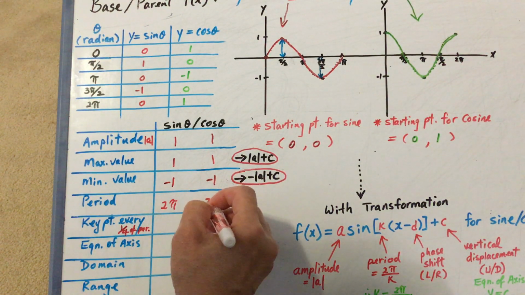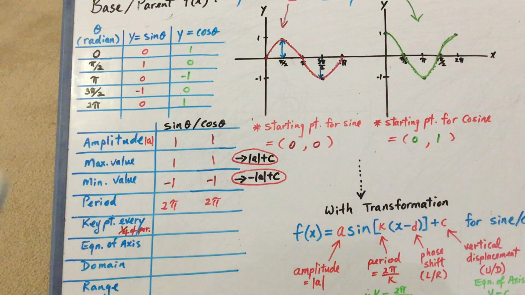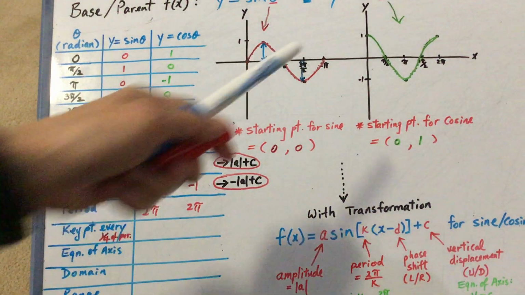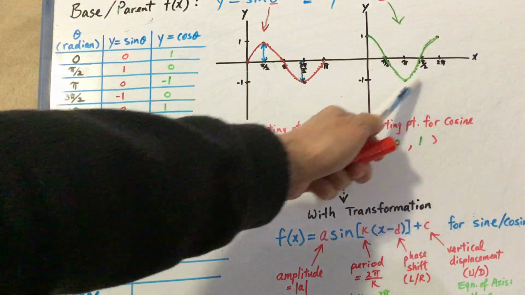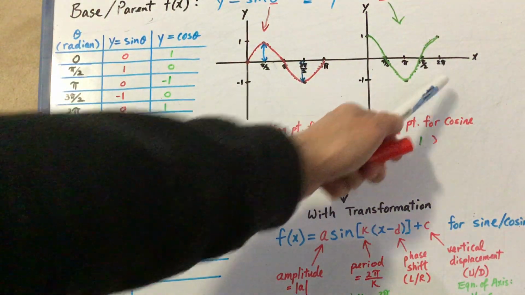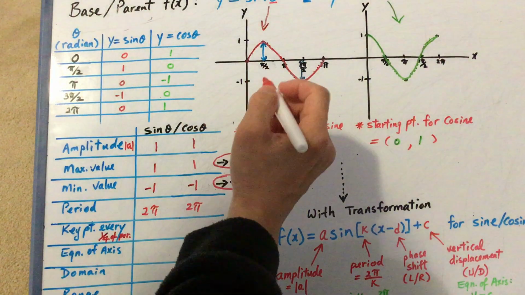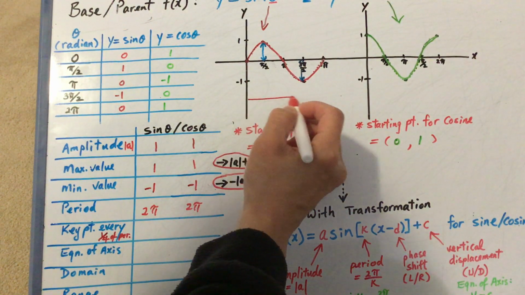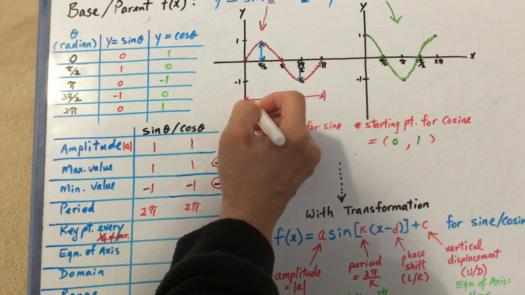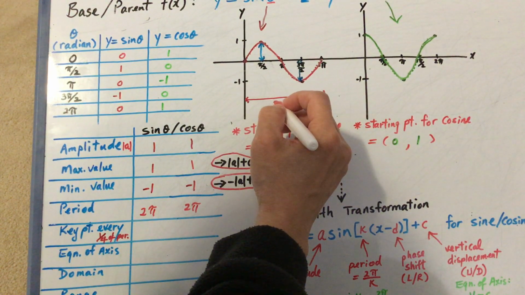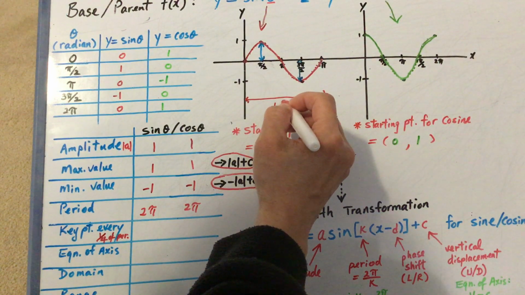That is the same thing for the cosine as well, because if you see where the cosine starts and where it ends, the horizontal length of that is also 2 pi. So from here to here, this is the period. One period.